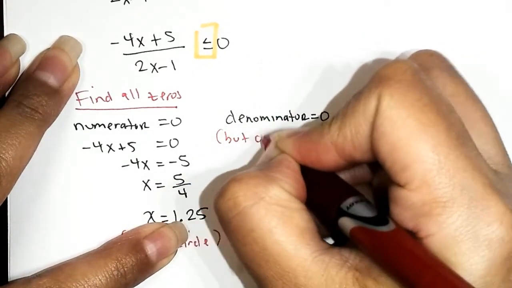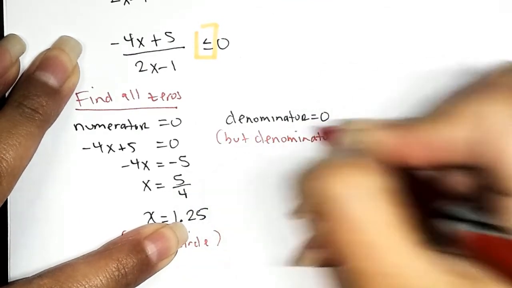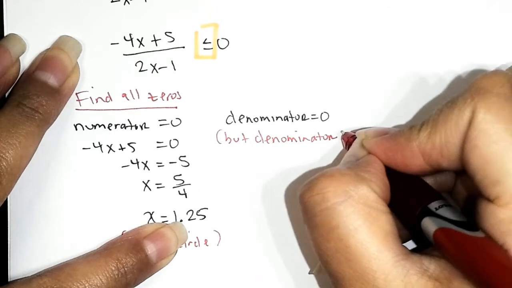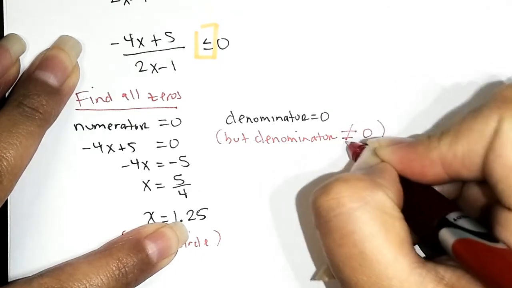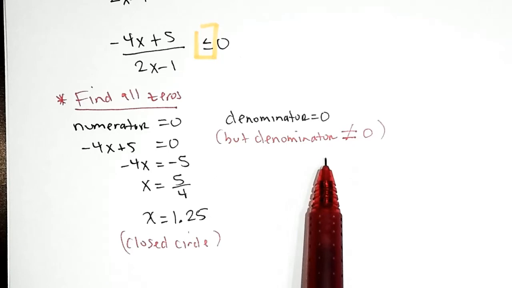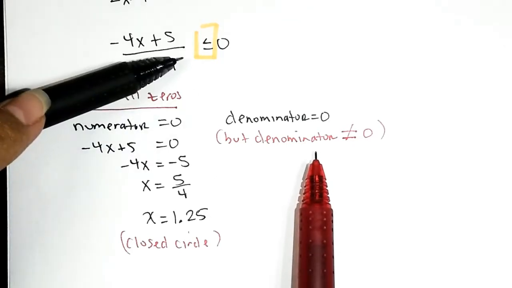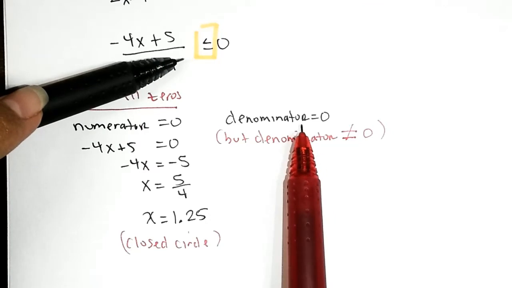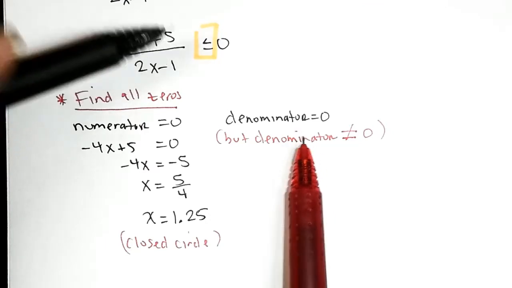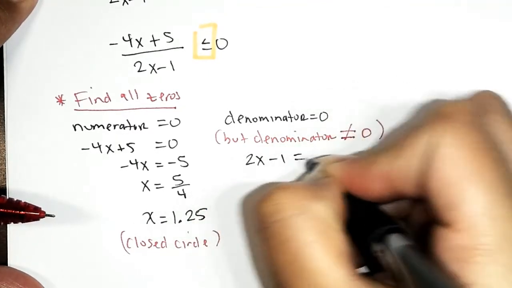But denominator can't equal 0. Let me go ahead and use my made up notation. Okay, I don't have time to write the word can't, so we're just going to say it's not equal to. So yeah, let's go ahead and find zeros of the numerator and then remind ourselves that the denominator can never equal 0. So no matter what this inequality states, for the zeros of the denominator, we have to use open circles. Okay, so we have 2x minus 1, set that equal to 0.